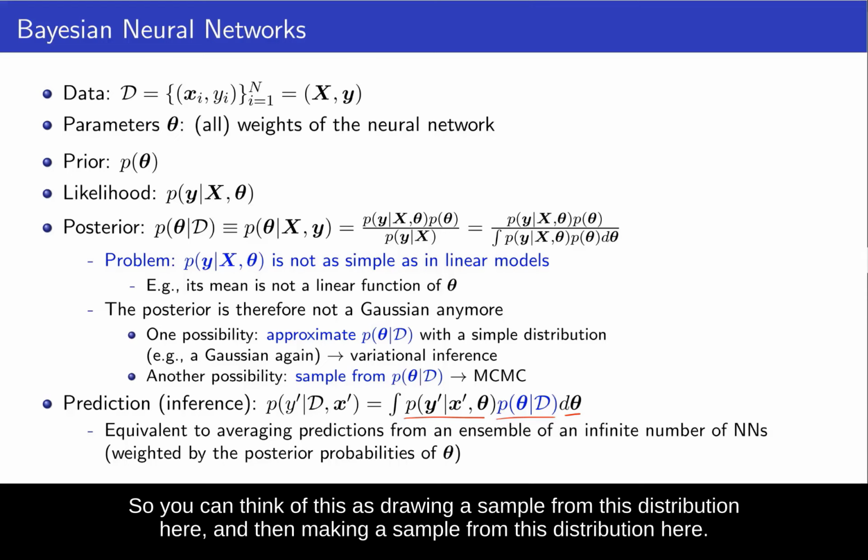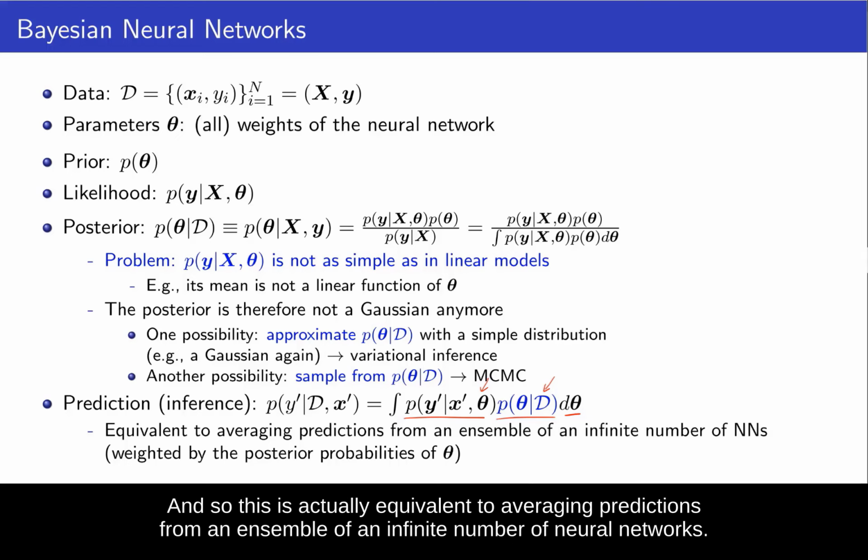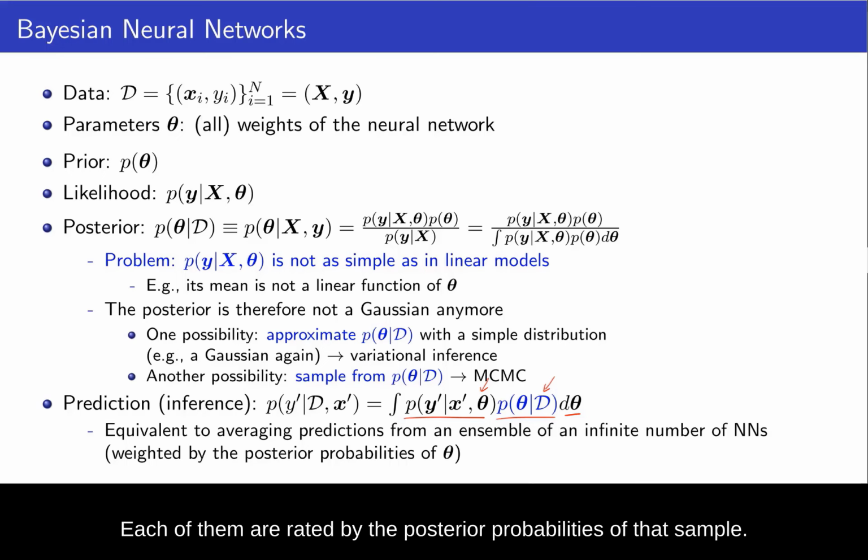You can think of this as drawing a sample from this distribution, then making predictions with it, and doing this an infinite number of times. This is equivalent to averaging predictions from an ensemble of an infinite number of neural networks, each of them weighted by the posterior probability of that sample.